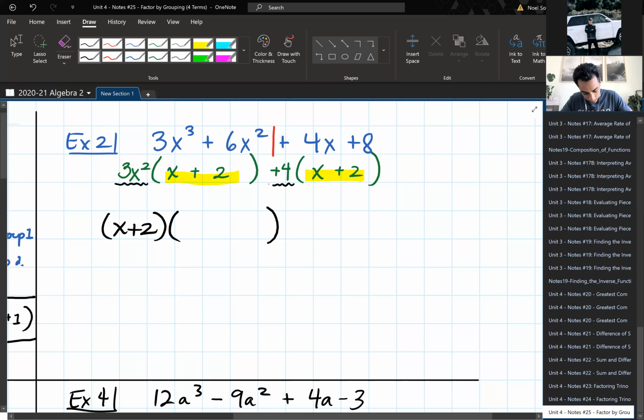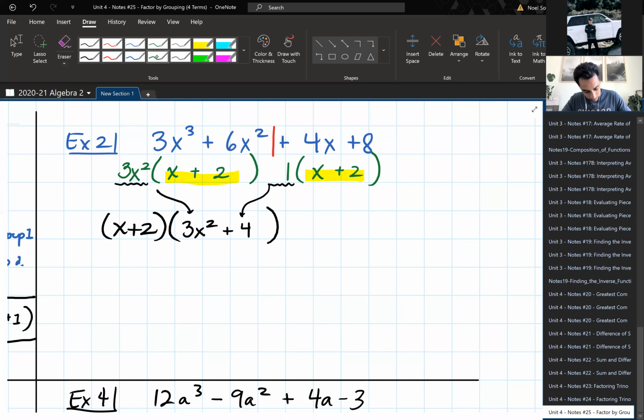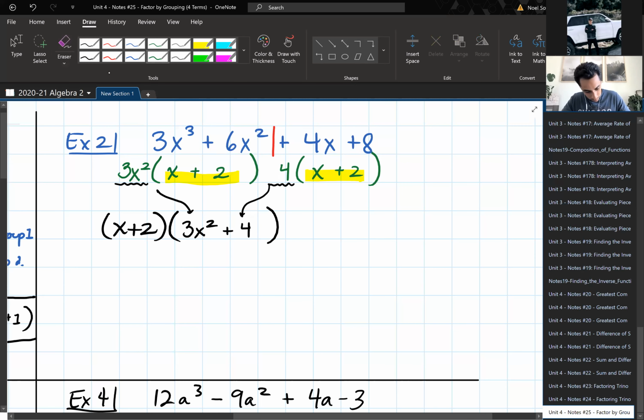Here's one leftover. Here's the other leftover. This is why I used the plus 4, even though I factored out a positive, right? Because I want to make it very obvious that when I drop my terms into the new factor, I know what the symbol should be in between, that it should be a plus. Because if I didn't have the plus and I just had 4, you might be left wondering what I should use.